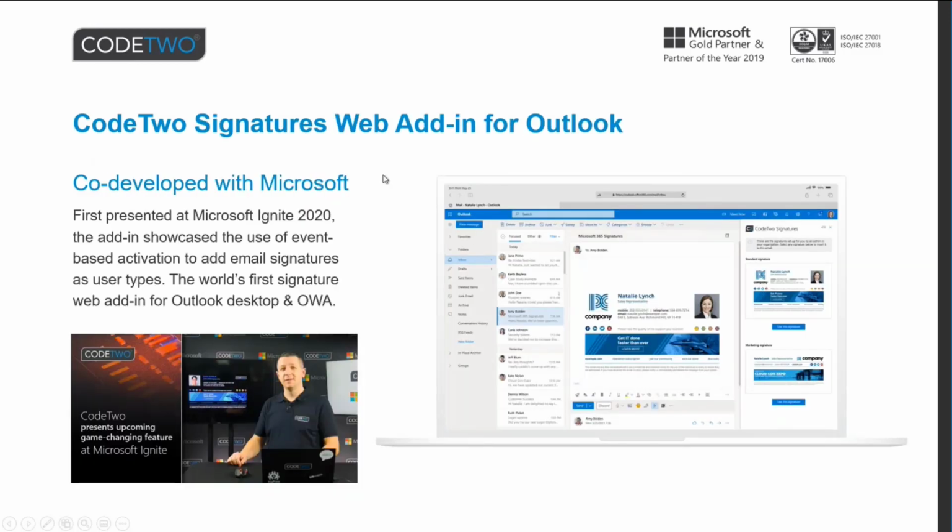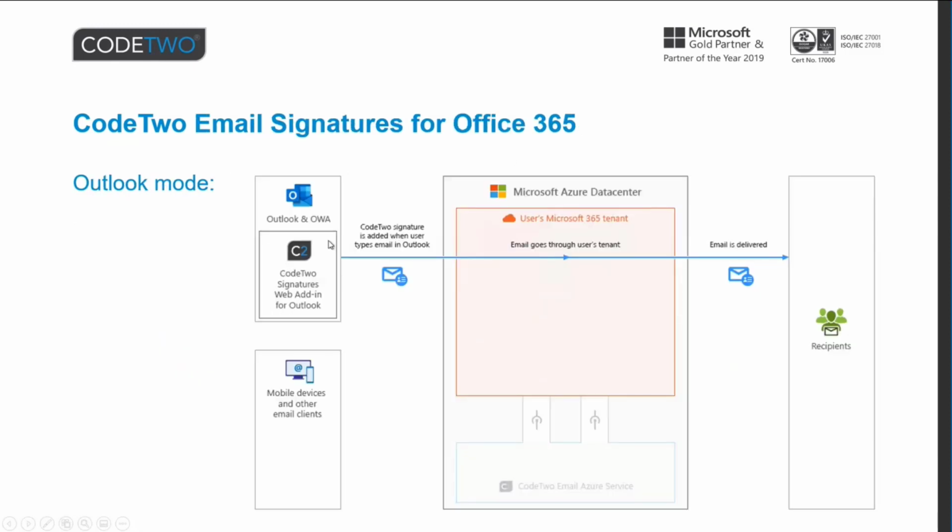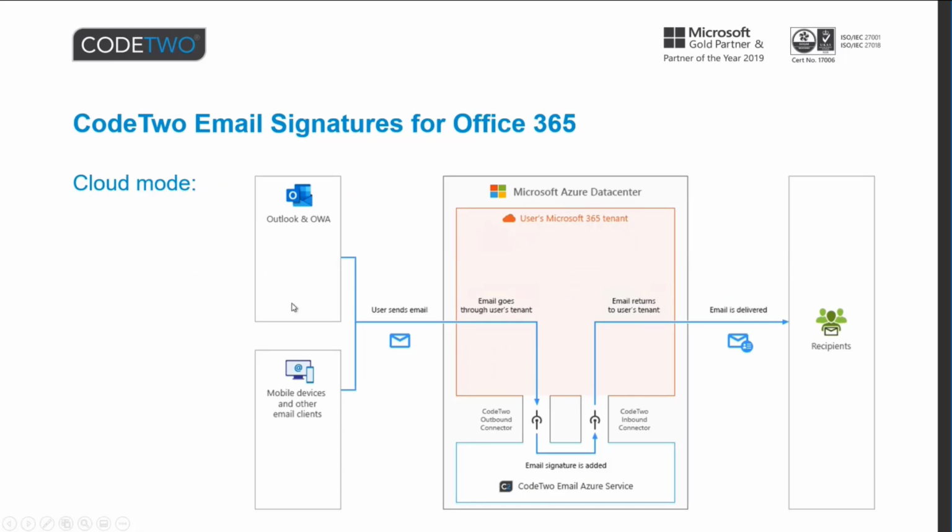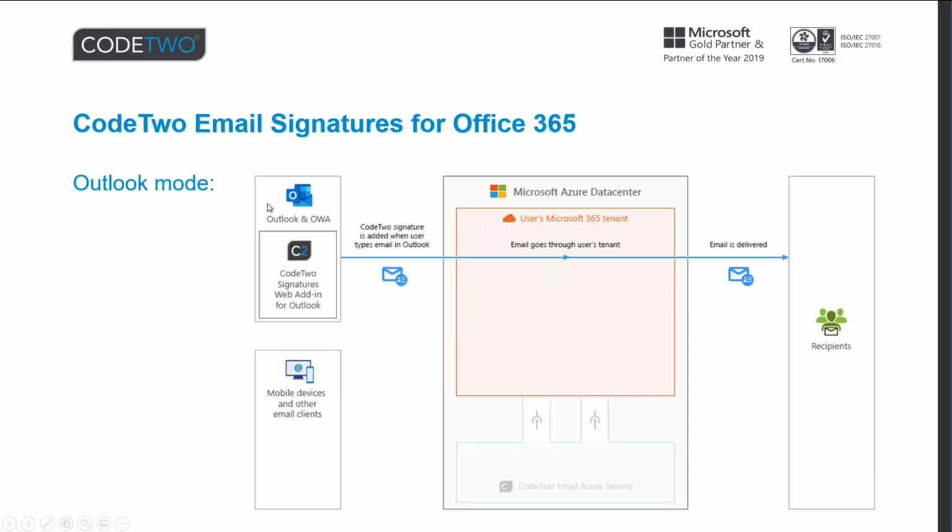And actually, with some of the news Microsoft released last week to their Outlook Web Add-in API, they changed a lot for us, for the signature vendors. We're focused on our signatures web add-in for Outlook, which can actually, thanks to those recent events that Microsoft introduced, handle both of these modes, so both Outlook modes and the cloud mode.